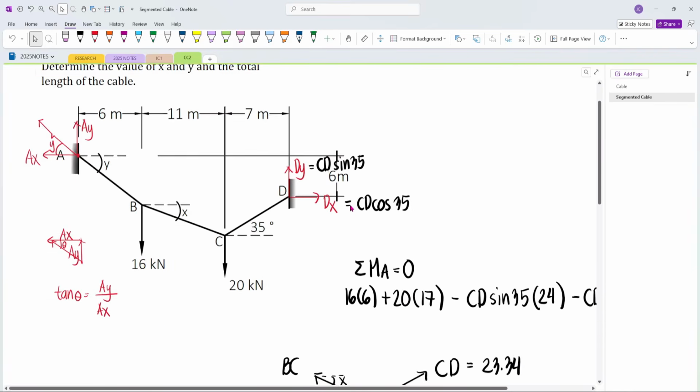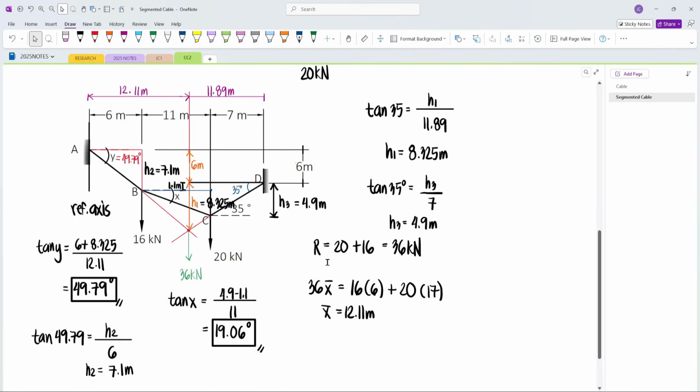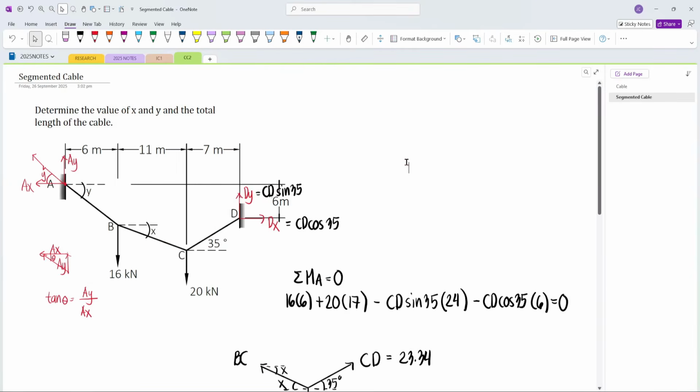Now, for the total length of the cable, madali na lang kapag nakuha mo na yung angle X and Y. What we just need to do is, alam natin na itong AB, BC, and CD, yan yung hypotenuse ng triangle. So, alam na natin yan. This is 49.79.